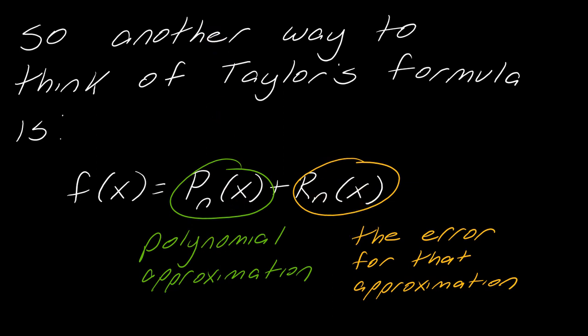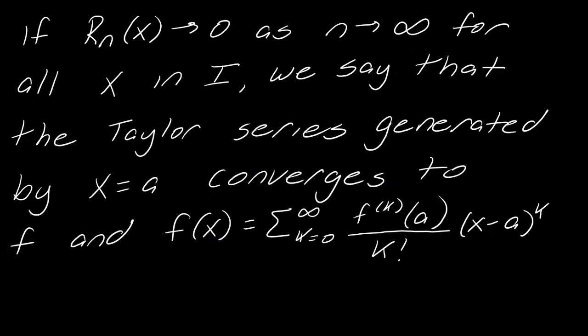Okay, so here's the part that's kind of important. If r sub n of x goes to 0 as n goes to infinity for all x in the interval, we say that the Taylor series generated by f at x equals a converges to f, and f of x equals its Taylor series. This is some important stuff here. This is really key.